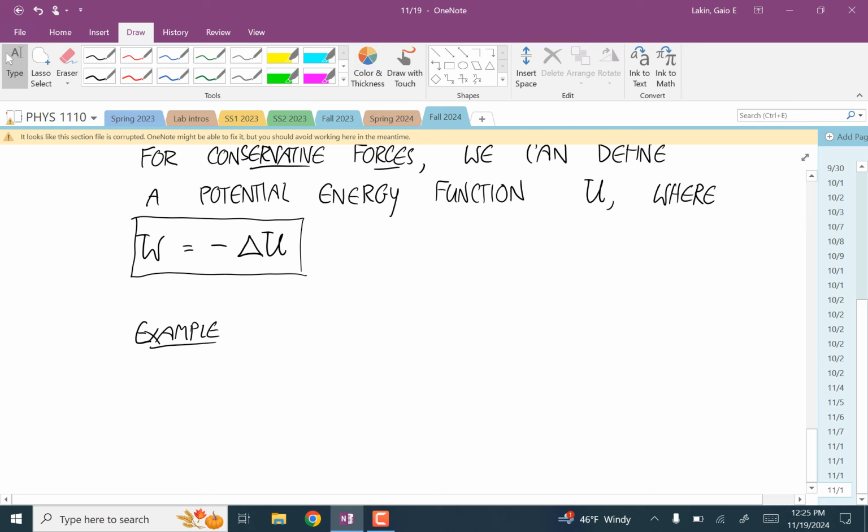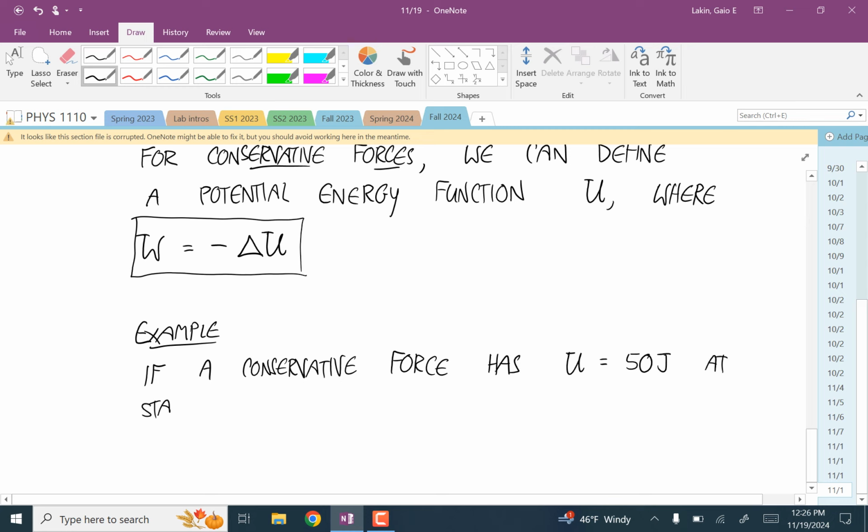Okay, so let's say a conservative force has a potential energy of 50 joules at the start of the motion, and a potential energy of 230 joules at the end of the motion.